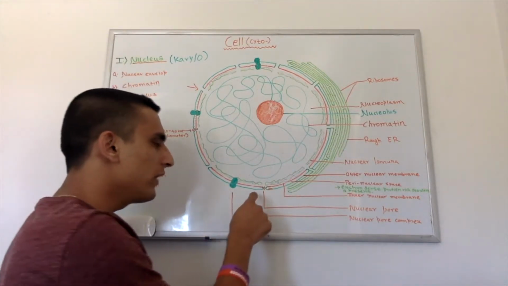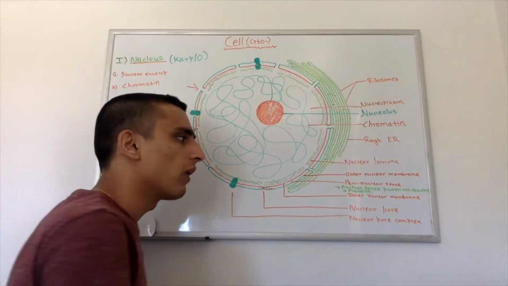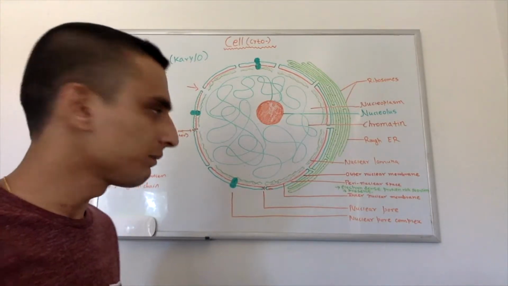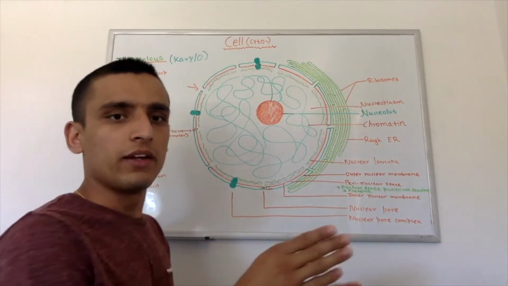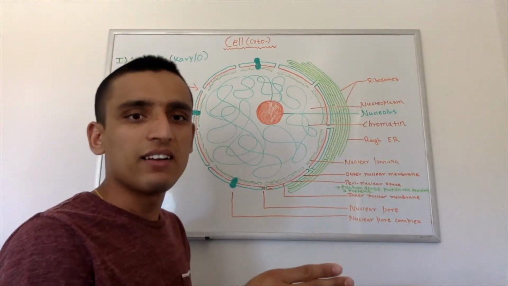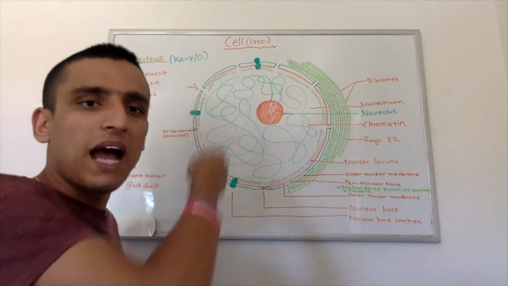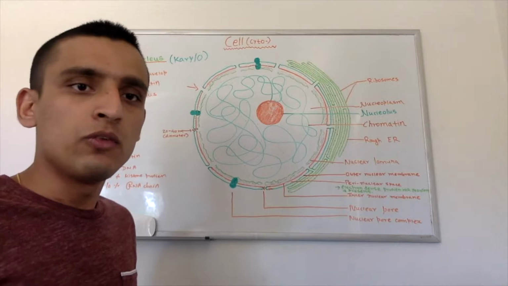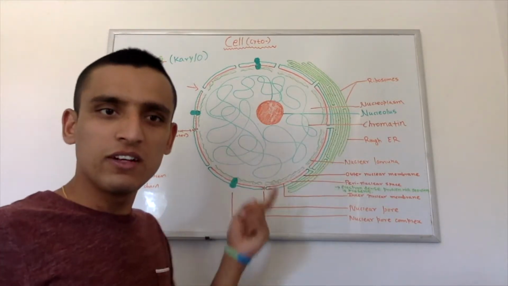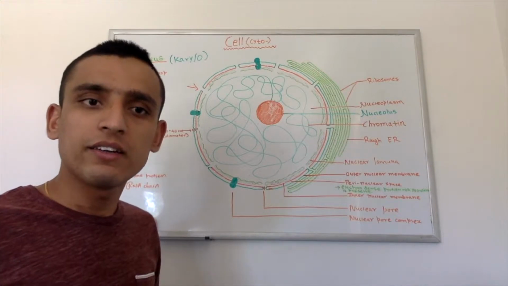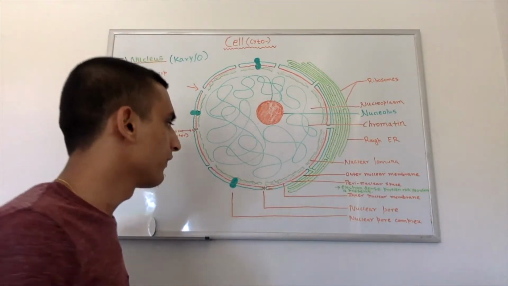When these pores unite together, they may form a complex called a nuclear pore complex. This nuclear pore complex is a type of channel which allows molecules to move out and in, to keep the homeostatic balance. So what is the main function of the nuclear envelope? To protect the inner content and to maintain the homeostatic balance.